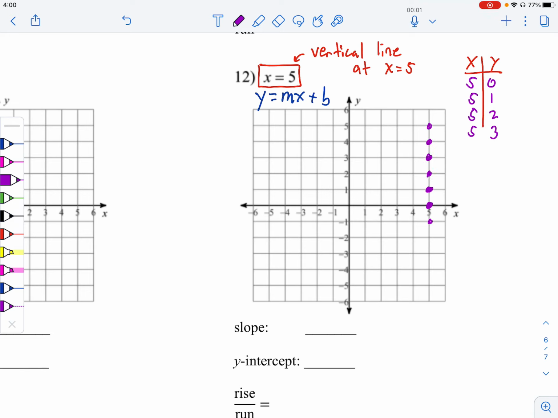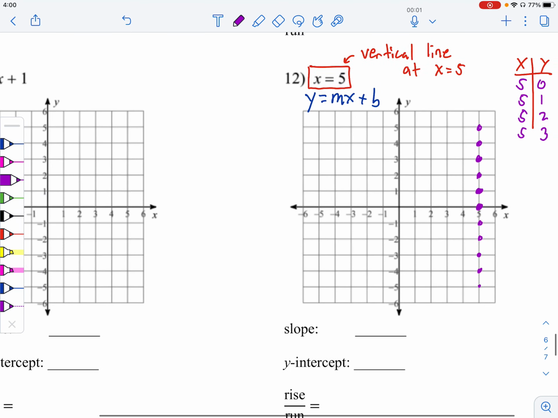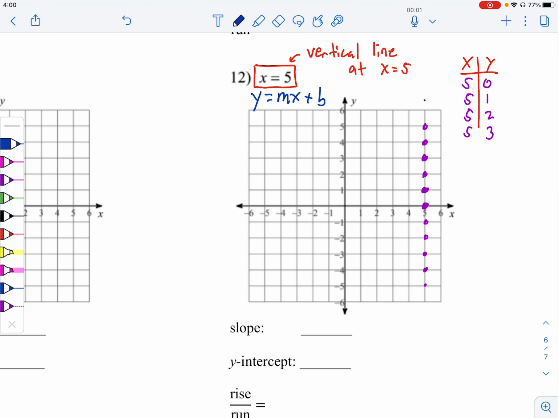And we can go to -2, but our x is always going to be 5, no matter what point we have. So we have a vertical line at x equals 5. Whenever you have x equals, it just tells you your x is always 5.